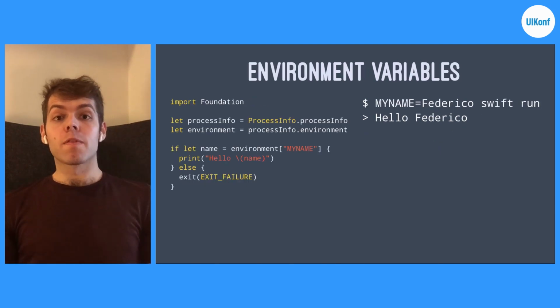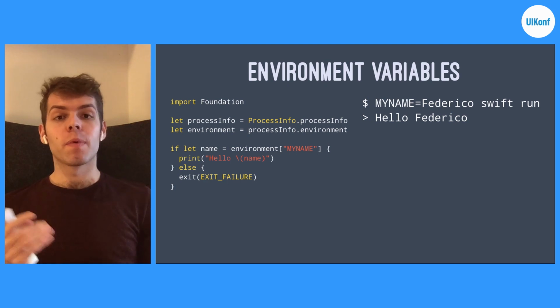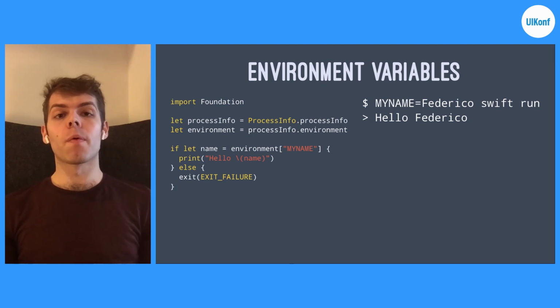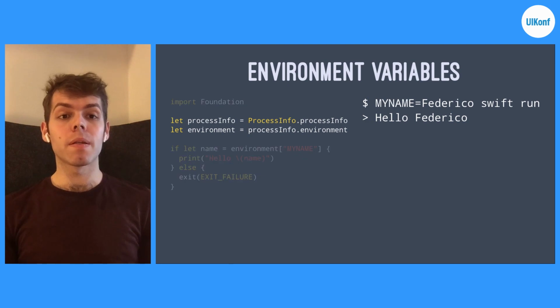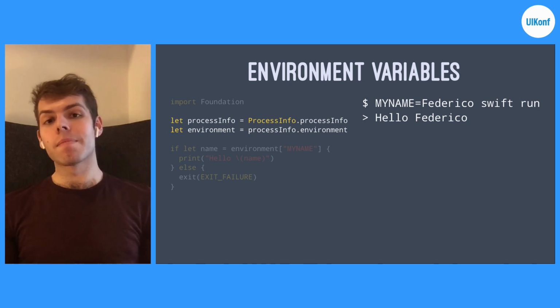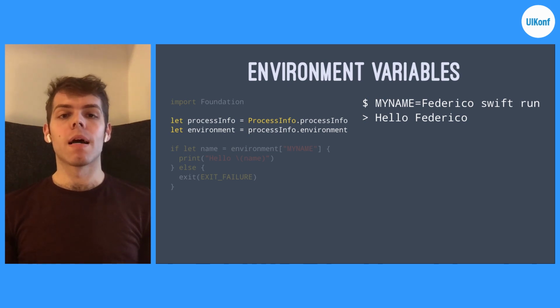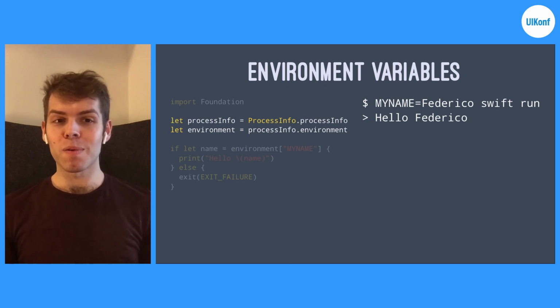Another important aspect of scripts is environment variables. We use environment variables, especially when we work on the CI, to share secrets with our repositories. We can also use Swift scripting with environment variables quite easily because we need to use an object called process.info. This process.info object, as the name says, contains a lot of information about our process, about our script.